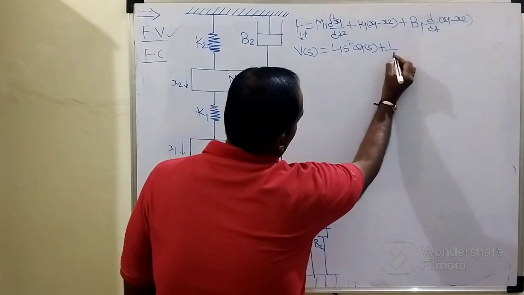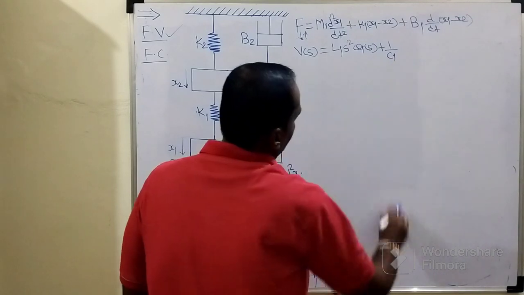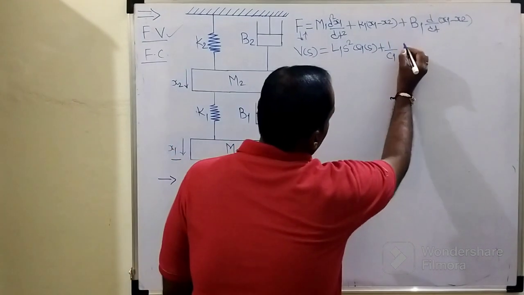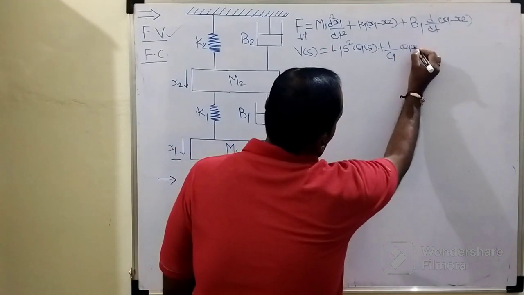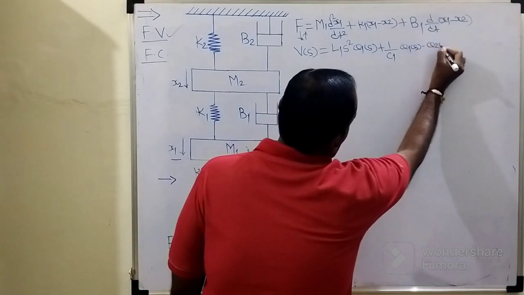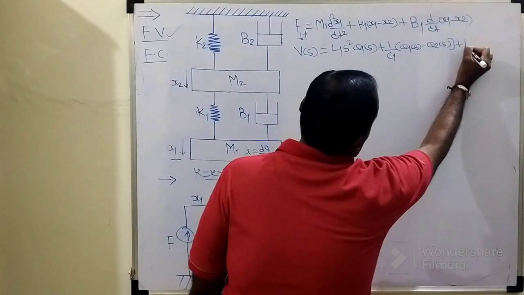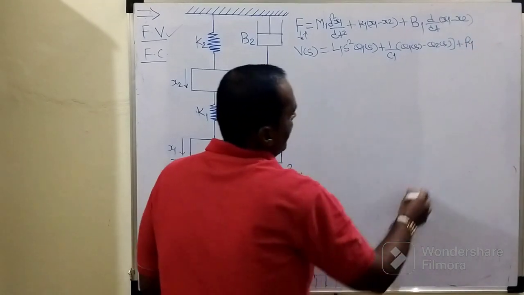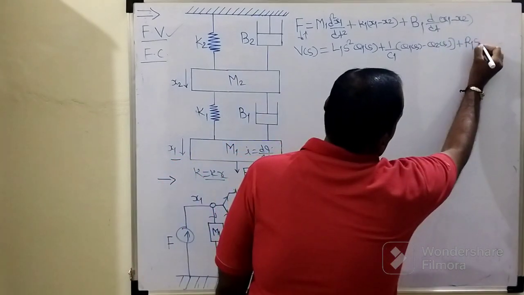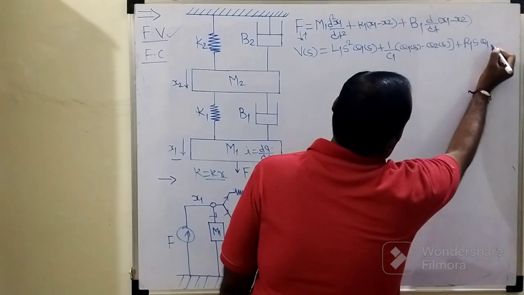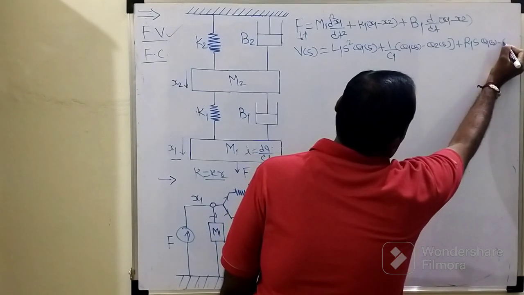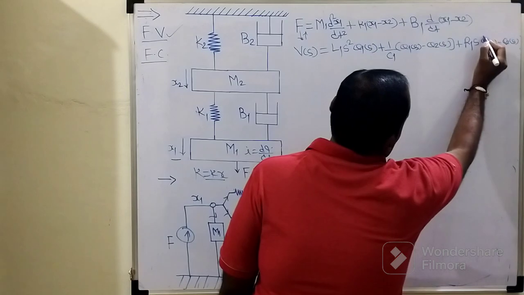K is analogous to 1 over C, so it is 1 over C1 followed by Q1 of S minus Q2 of S, plus B is analogous to R, so R1 followed by first order differentiation, so S into Q1 of S minus Q2 of S, right?